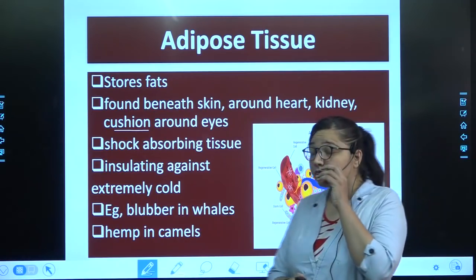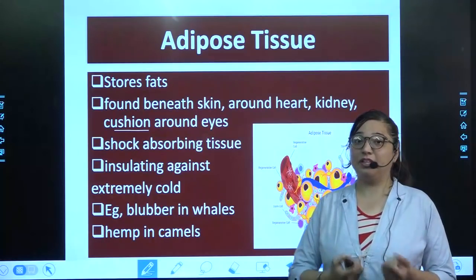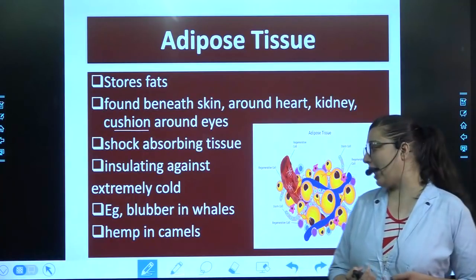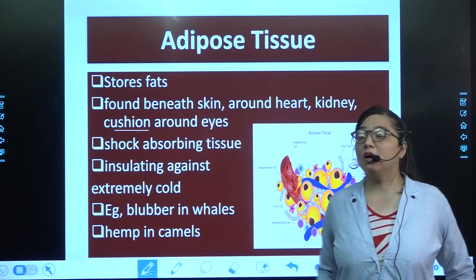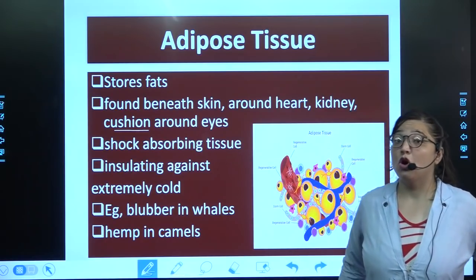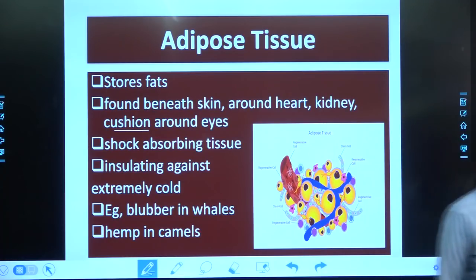Then, where is it found? In the blubber in whales, that is one of the examples which is easy to understand, and in the hump in the camels. Okay, so this is about the adipose tissue. Note it down, then we'll move further. Be quick.